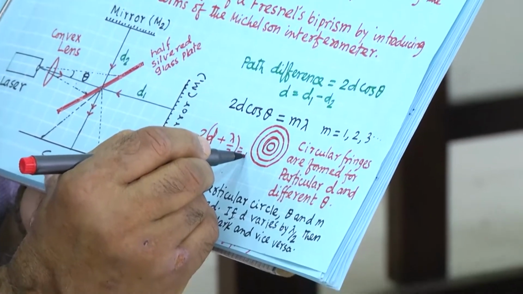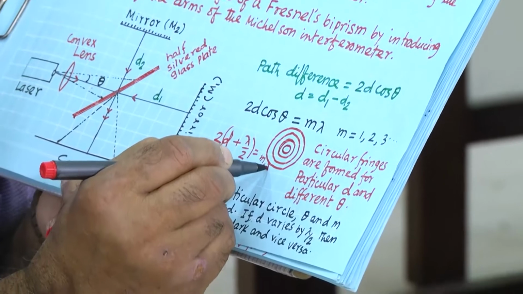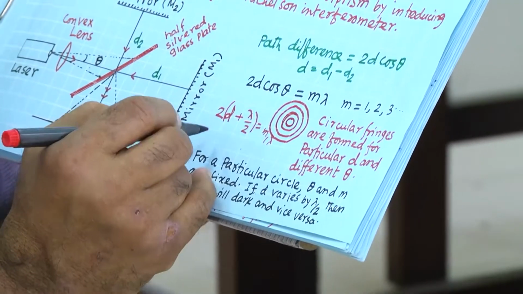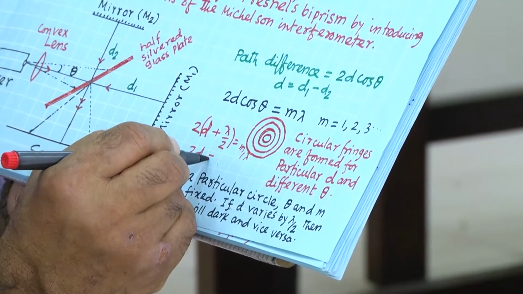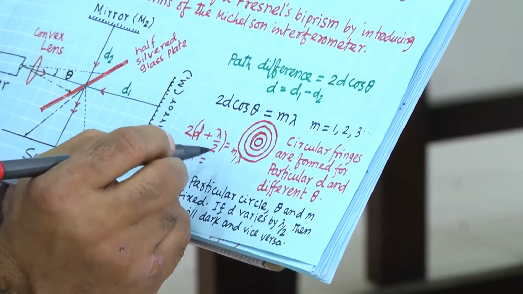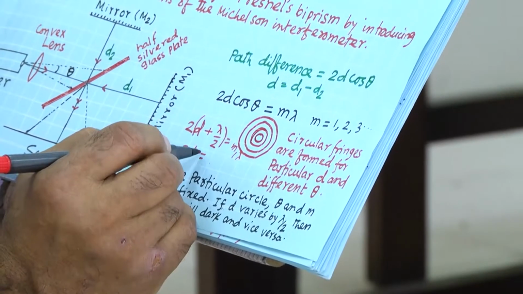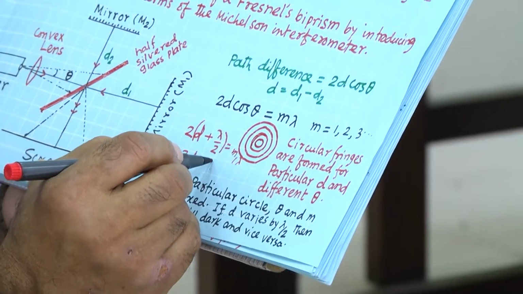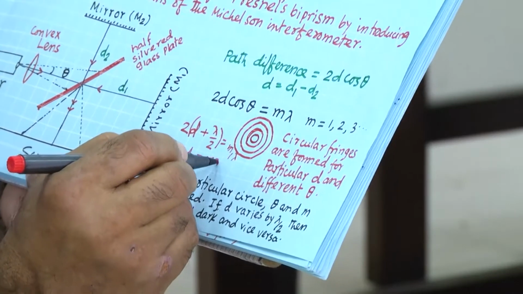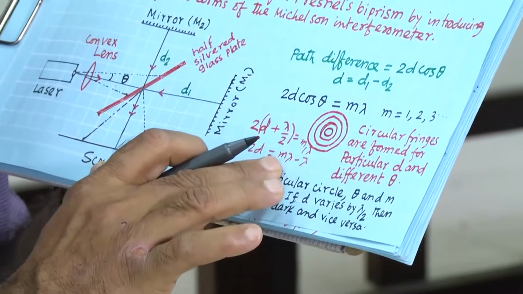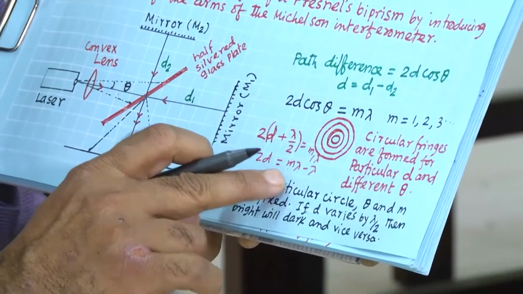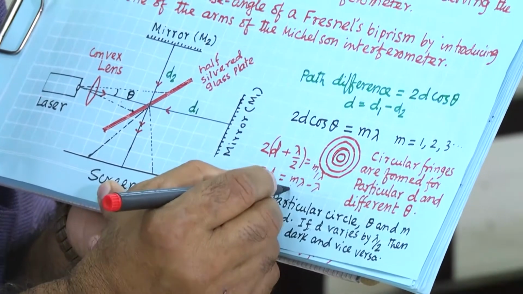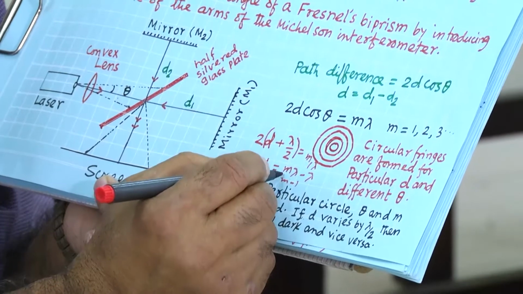So, this condition you will get 2D equal to, that is the new D, m lambda minus lambda. Okay. So, that is why if you change this D by lambda by 2, you are getting the next order, m minus 1 into lambda.